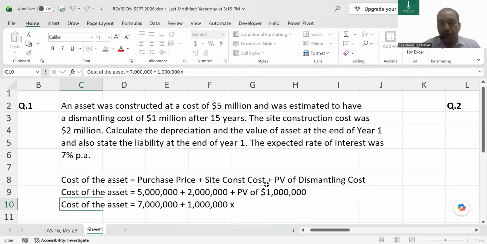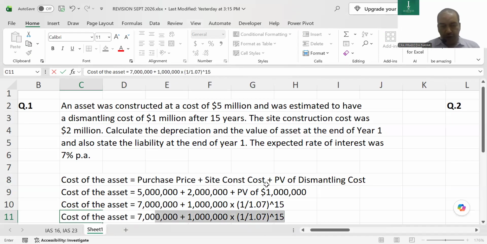How to calculate present value? It is 1 divided by the rate of interest, which is 7%, so 1.07, raised to 15 years. So cost of the asset is equal to $7 million plus $1 million into 1 divided by 1.07.